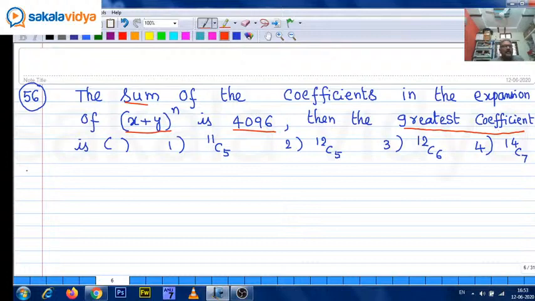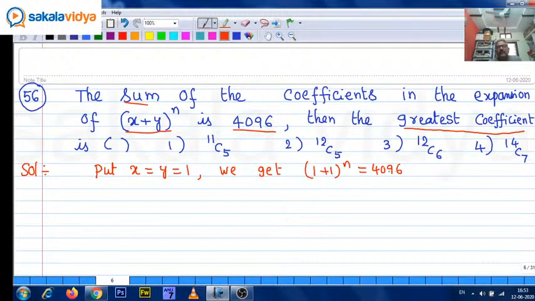So that means first let us find out the sum of the coefficients. Sum of the coefficients means put x is equal to y is equal to 1. So we get 1 plus 1 all to the power of n equals 4096. This is 2 to the power of n is equal to 4096.